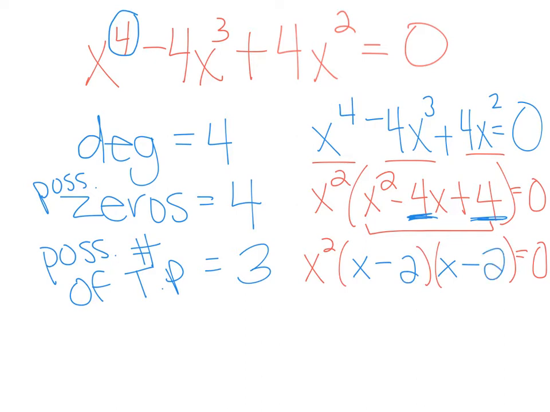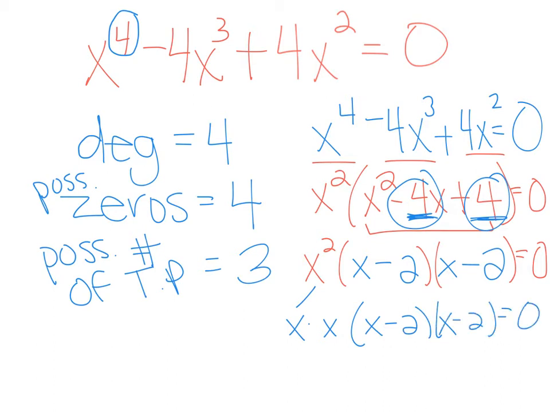Negative 2 times negative 2 gives me positive 4, but when I add negative 2 to itself, I get negative 4. So, moving forward, I'm going to separate out this x squared as x times x, and then I have x minus 2 times x minus 2 equals 0.